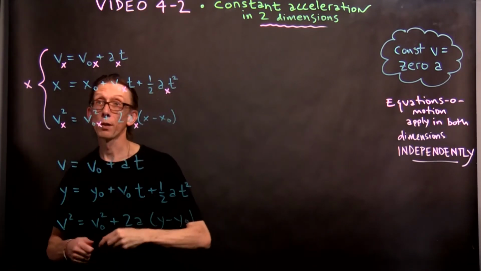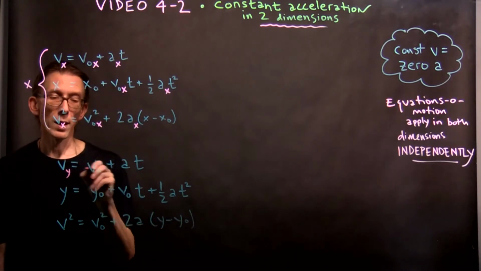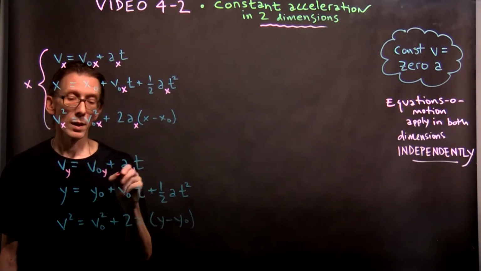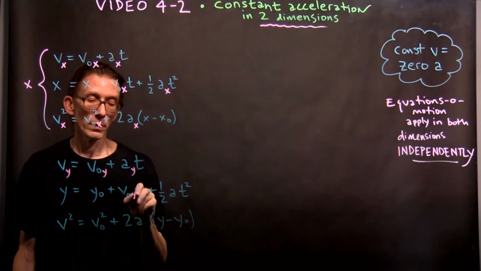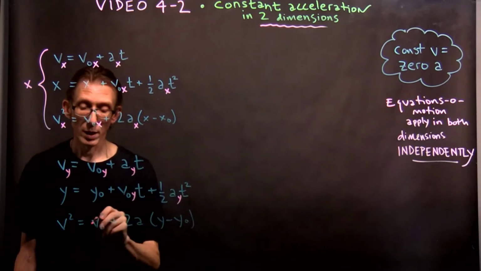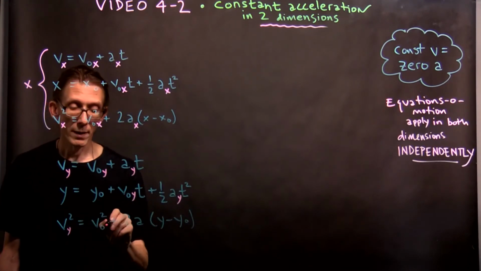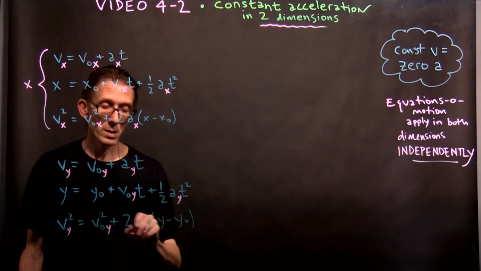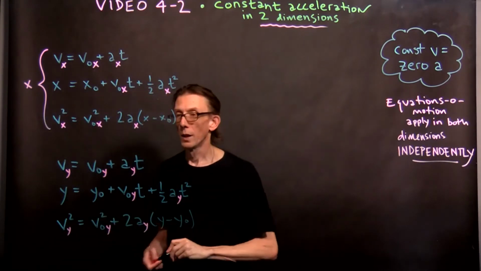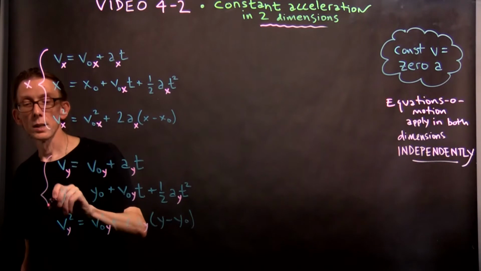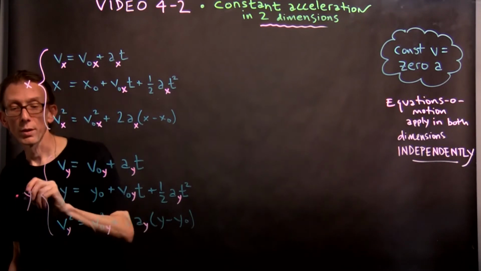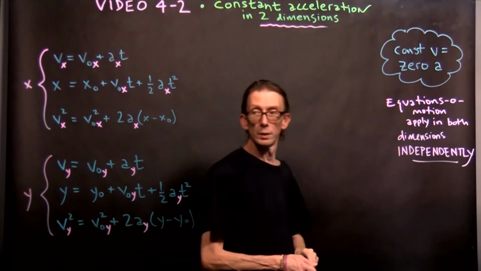And so we have subscripts here also: v sub y, v naught y, a y. These are our three equations of motion for the y direction.